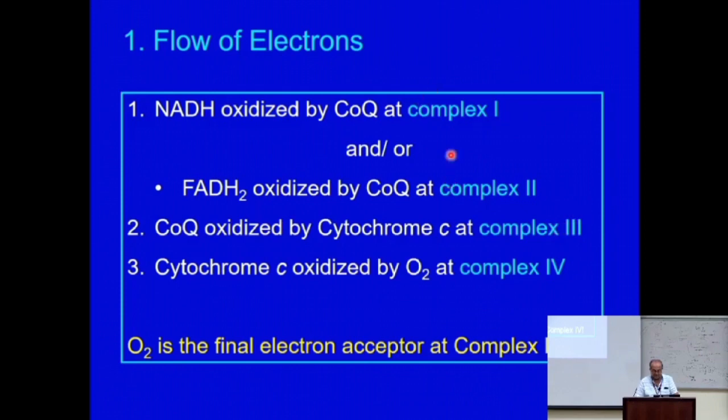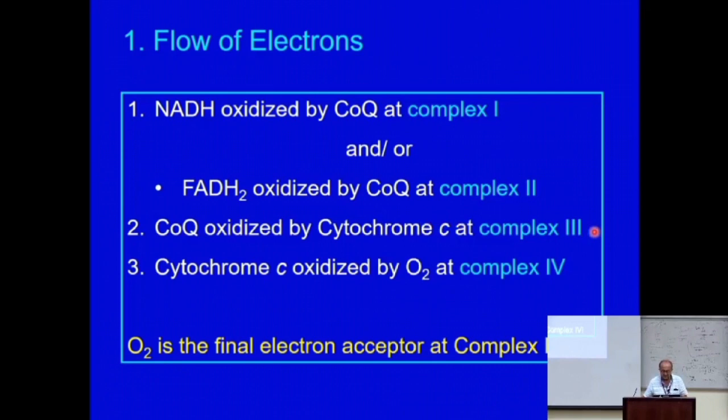Note, you skip complex 2, you just go to complex 3. Coenzyme Q is carrying the electrons from NADH to complex 3, where it's oxidized by complex 3, meaning it loses its electrons, and the electrons are eventually at complex 3 gained by cytochrome C.